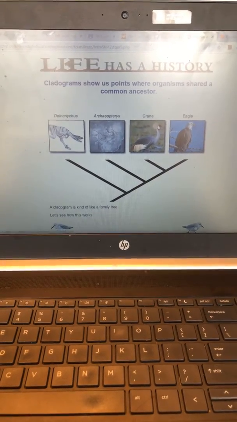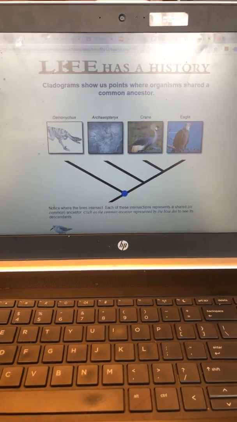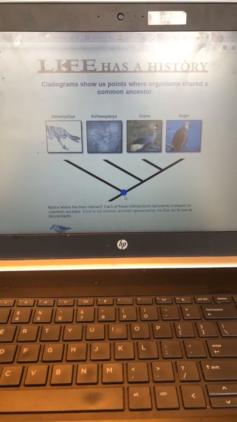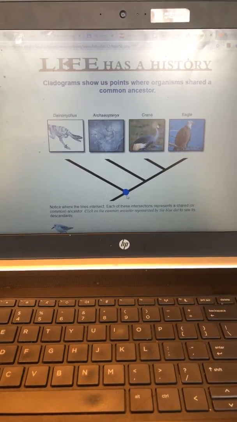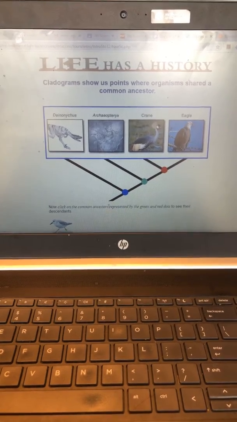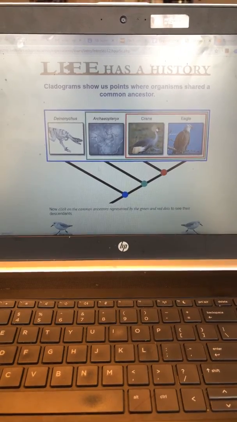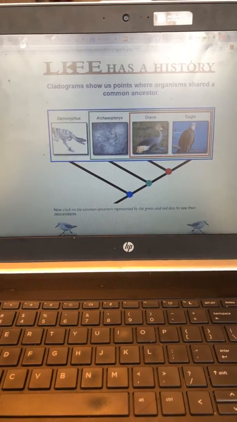So a cladogram is like a tree, a family tree. Notice where the lines intersect. Each of these intersections represents a shared common ancestor. Click on the common ancestor represented by the blue dot to see its descendants. Now click on the common ancestors represented by the green and red dots. So if I click blue, all of these are related.